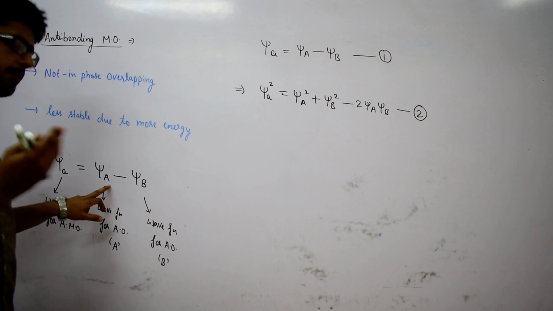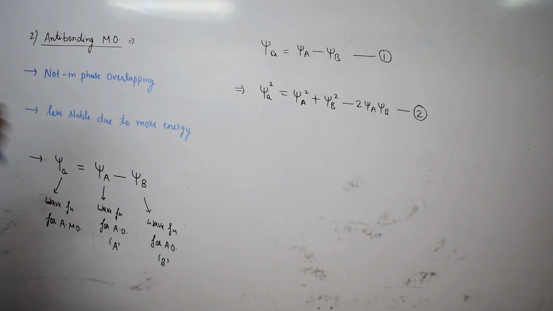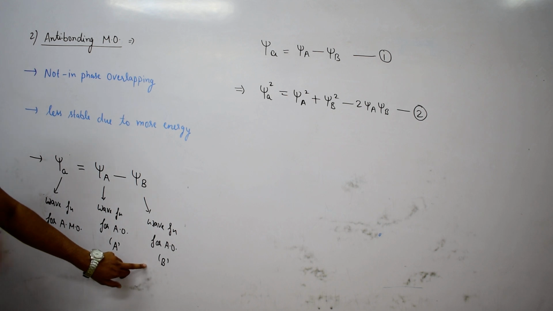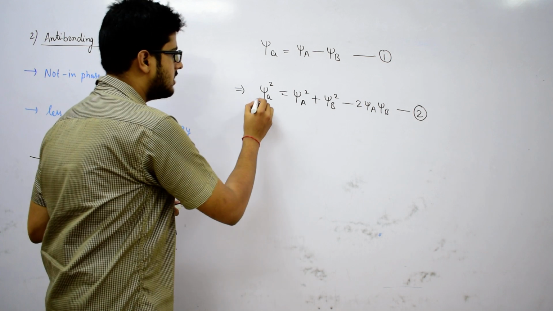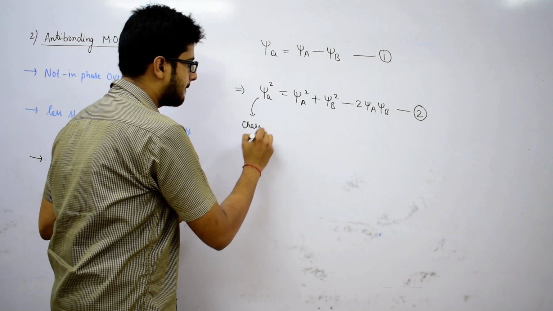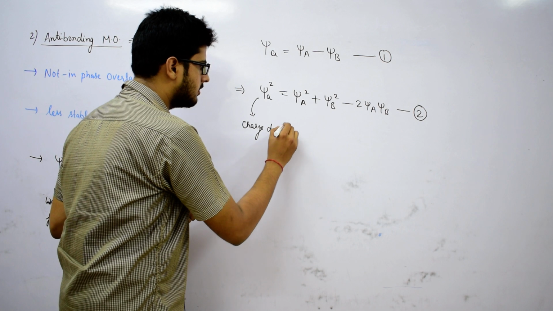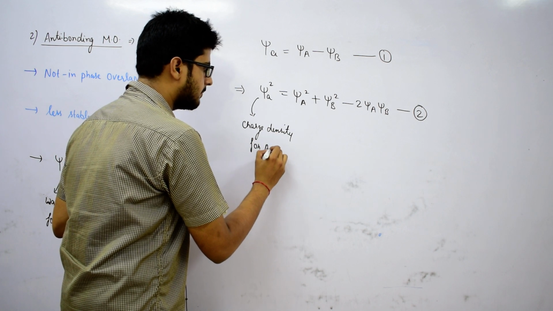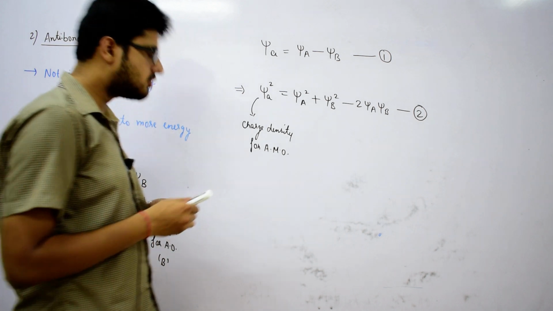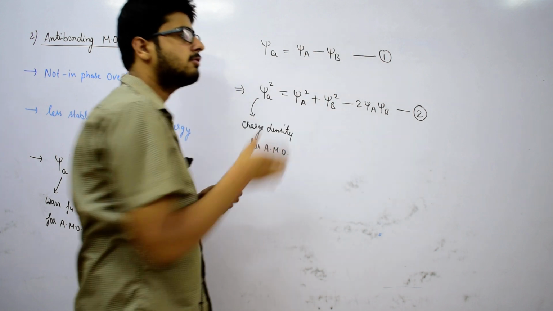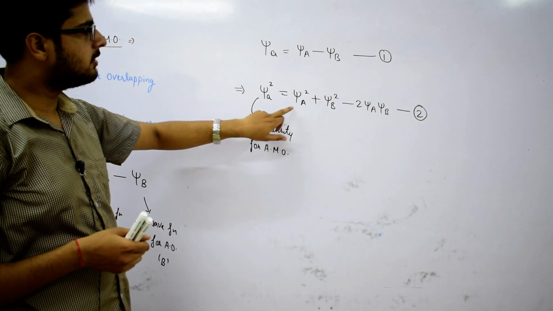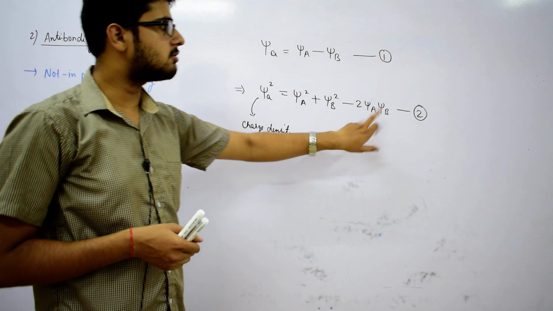This capital A represents the wave function for the first combining atomic orbital, and this is the wave function for the second atomic orbital, let it be B. And when we derive the charge density for the antibonding molecular orbital, it would be equal to the whole square of this difference. So it will be equal to psi A square plus psi B square minus 2 psi A psi B.